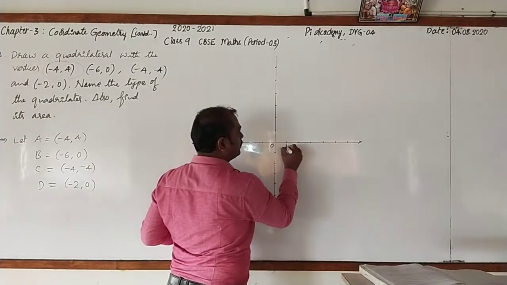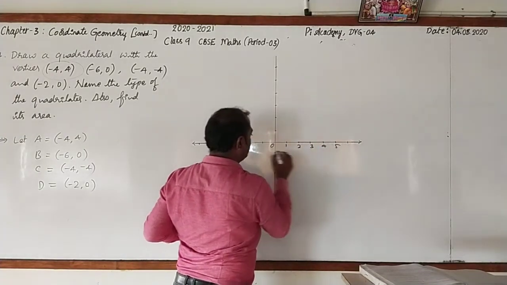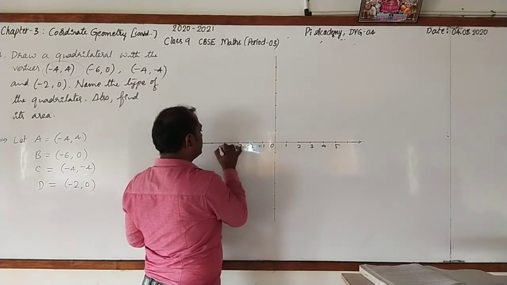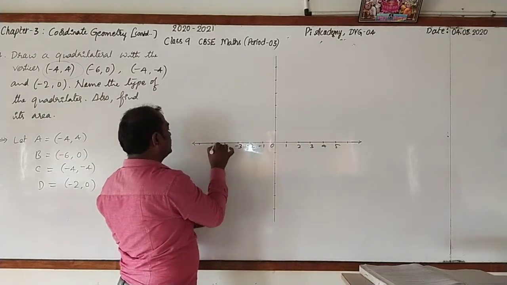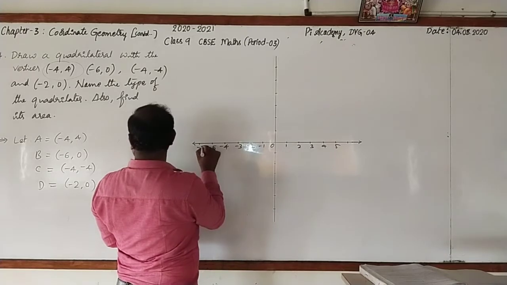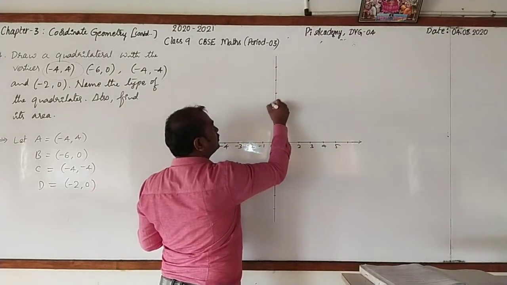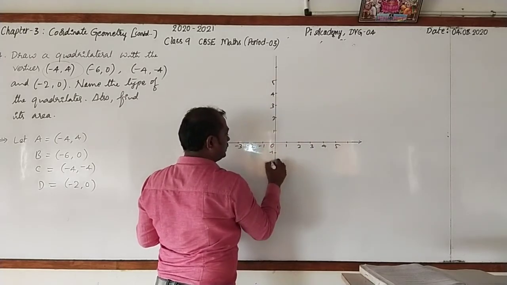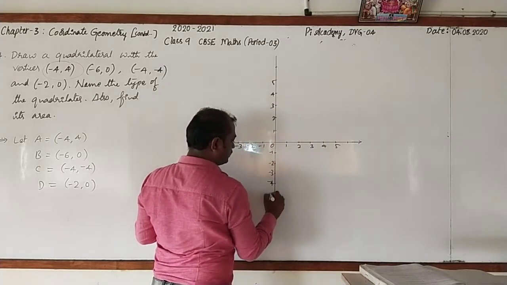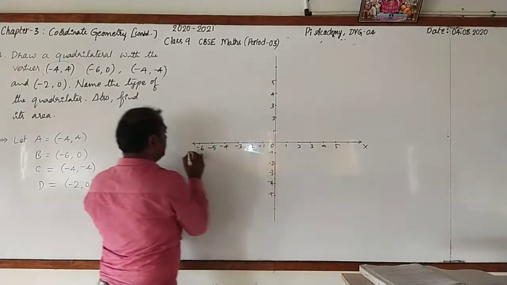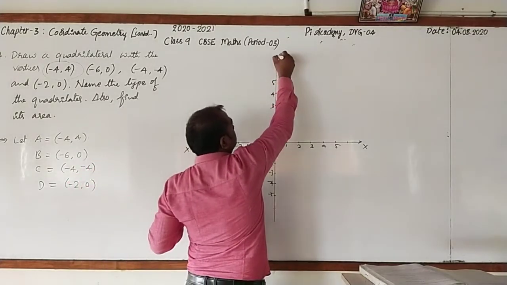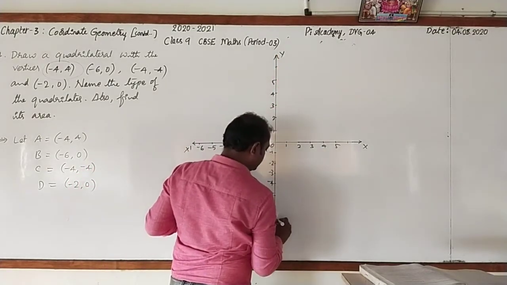Here 0, 1, 2, 3, 4, 5, -1, -2, -3, -4 is enough, -5, even -6. Then above 0 are positive 1, 2, 3, 4, 5, below 0 are negative -1, -2, -3, -4, -5. You can name them as X and X dash, Y and Y dash.